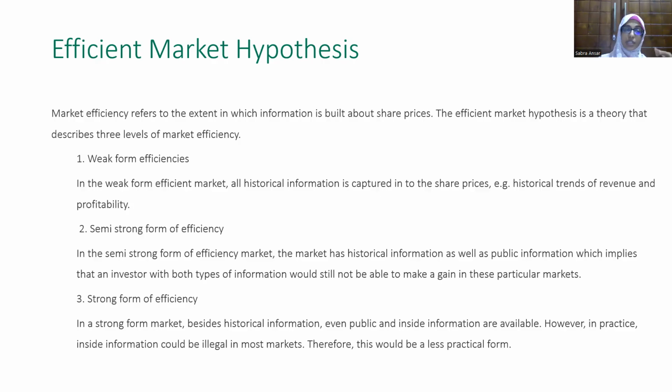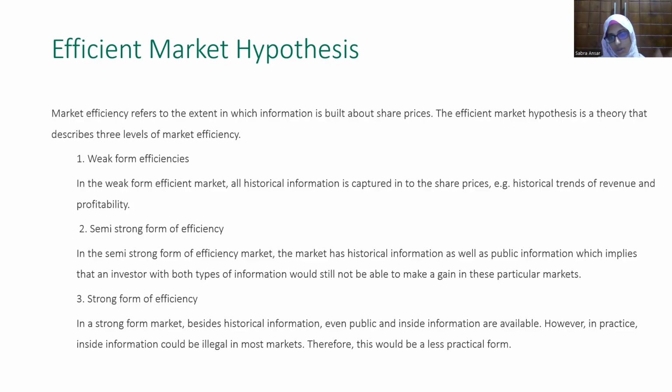So when it comes to the semi-strong form of efficiency, the market doesn't only include the historical information, but also the public information, which implies an investor will have both types of information. In weak form of efficiency, only the historical things would be included.